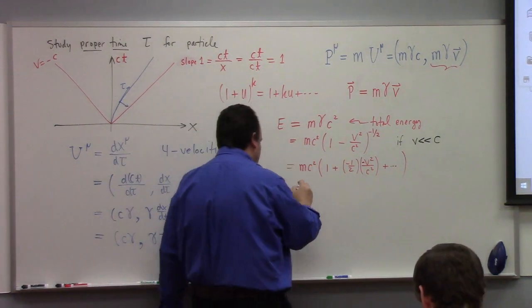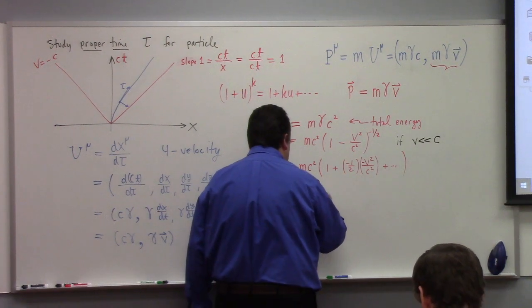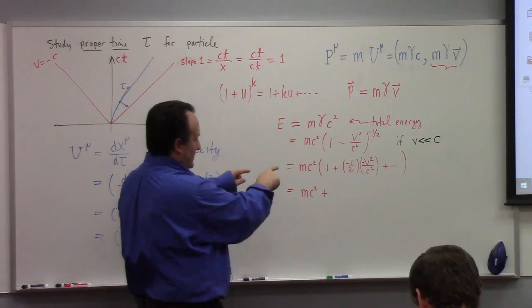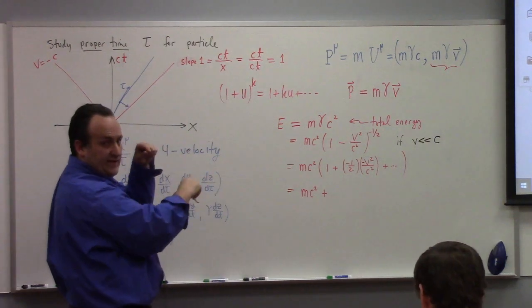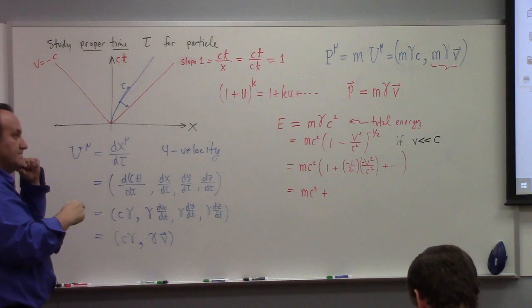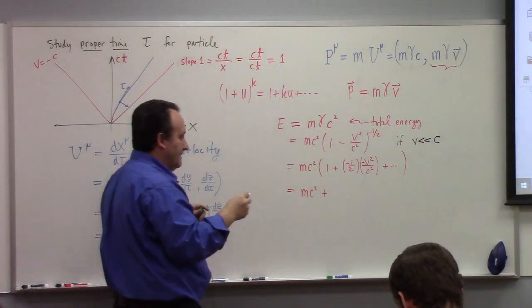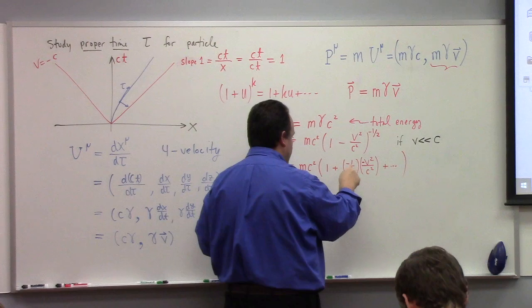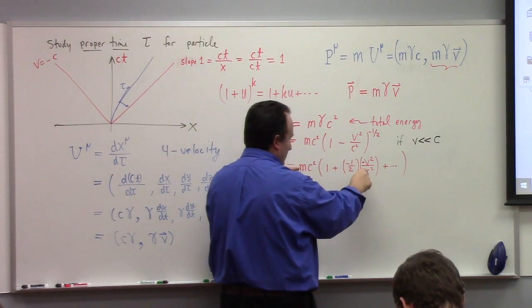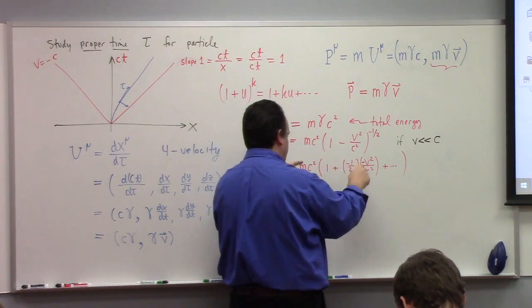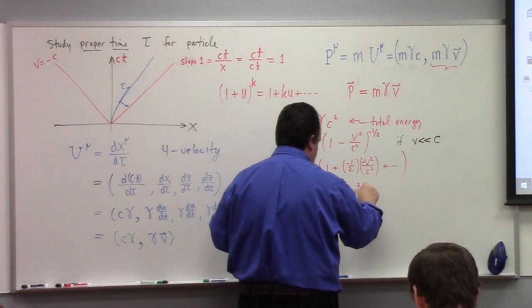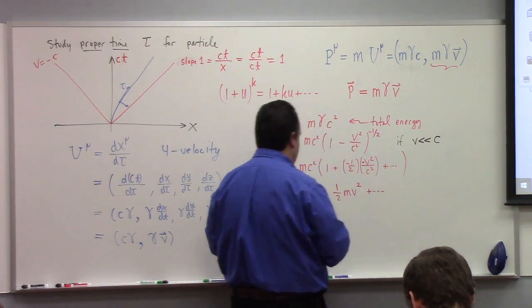What do you get? You get mc squared plus what? When you multiply it, the c squareds cancel. You get v squared over 2 times the m, so we have 1/2 mv squared, and then higher order stuff.